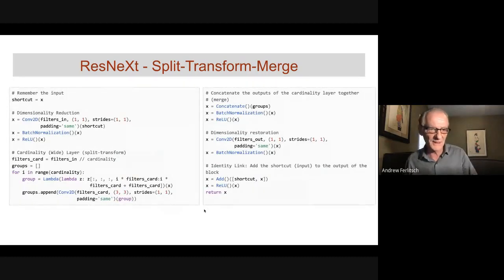So here we write some code demonstrating that. We'll just start with the outer part. Here's your 1x1 for the dimensionality reduction at the beginning. Here at the output is the 1x1 for your dimensionality restoration. Here's our identity link of adding the input to the output. And then in between is our group convolution.